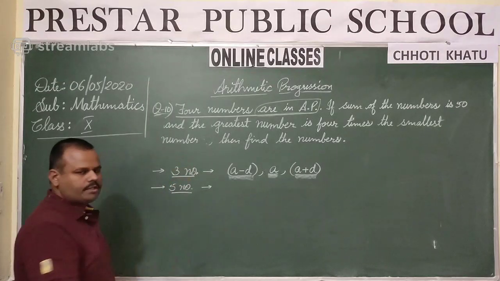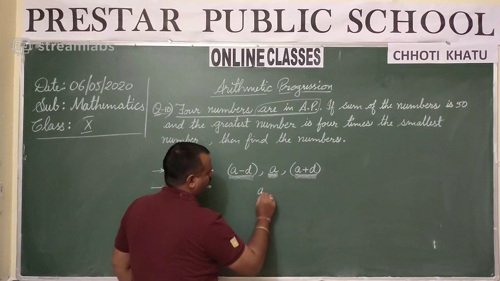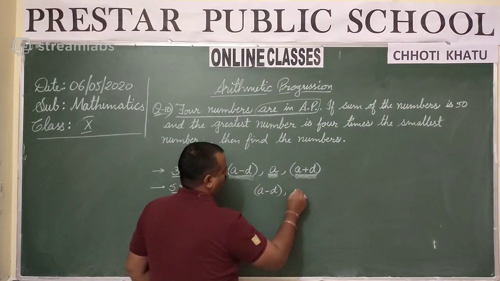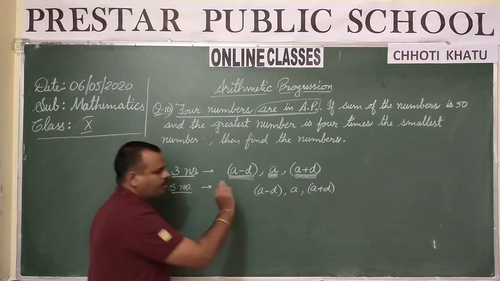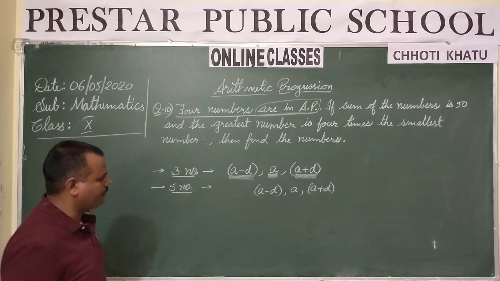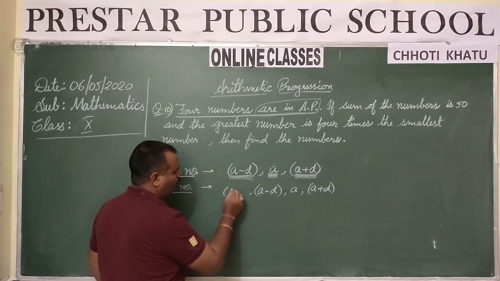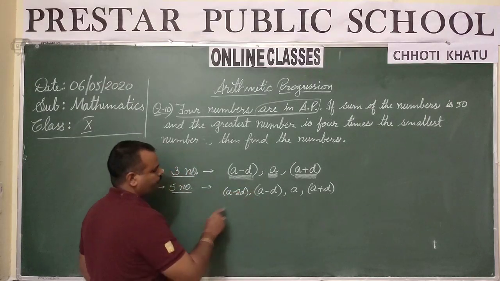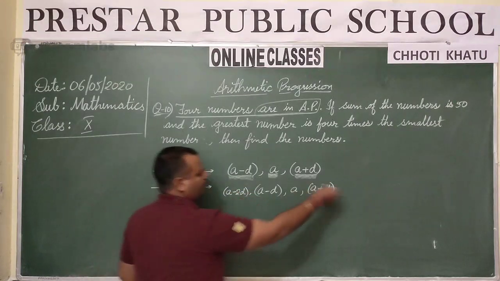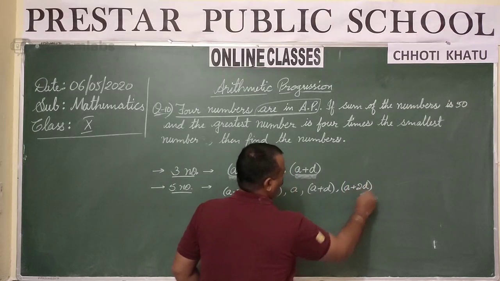Now if five numbers are to be taken, the three will be the same, that is A minus D, A and A plus D. For five numbers, we will add one more number on each side, that is A minus 2D and A plus 2D.